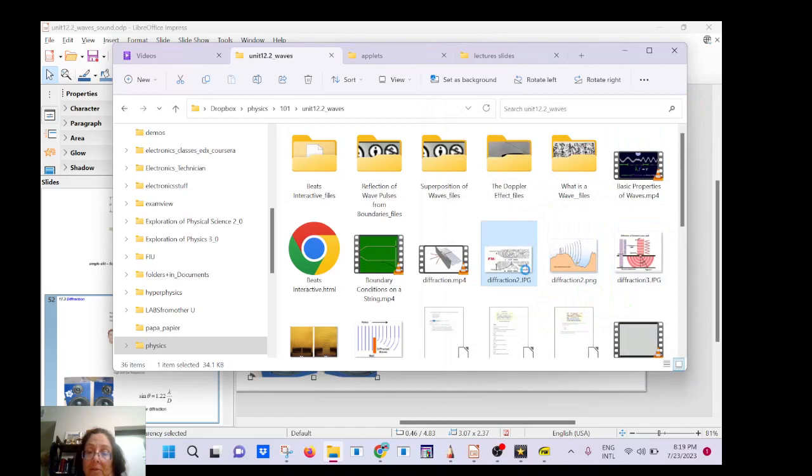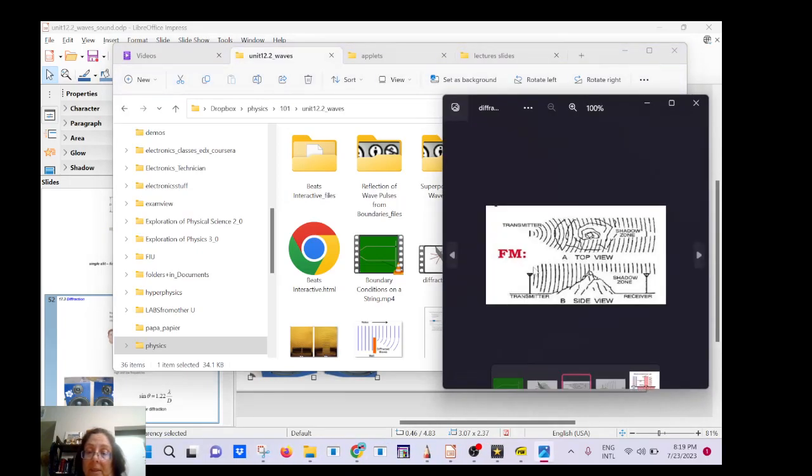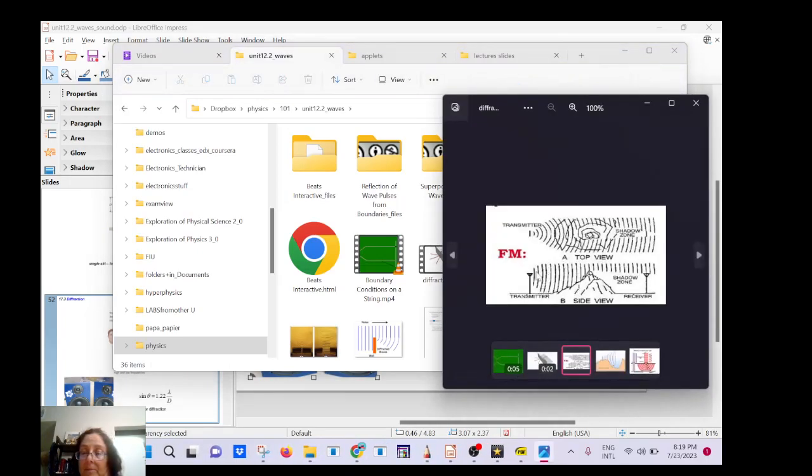Lots of applications, for example, radio waves. If you have FM, they have a small wavelength relative to the size of mountains or buildings. So, for example, if you are standing here, you are not able to catch the broadcast because this is a corner, so it doesn't spread out. Okay?